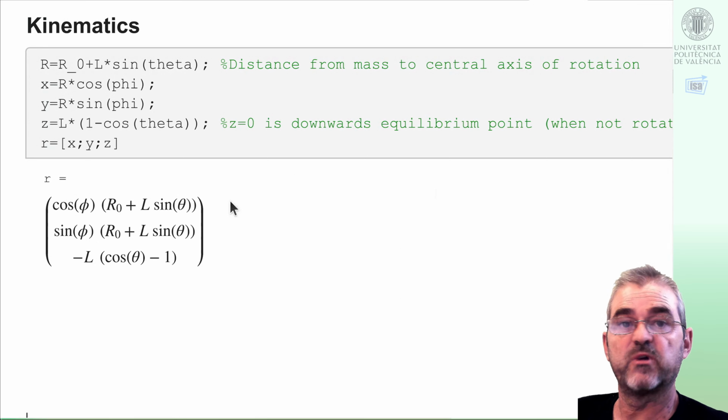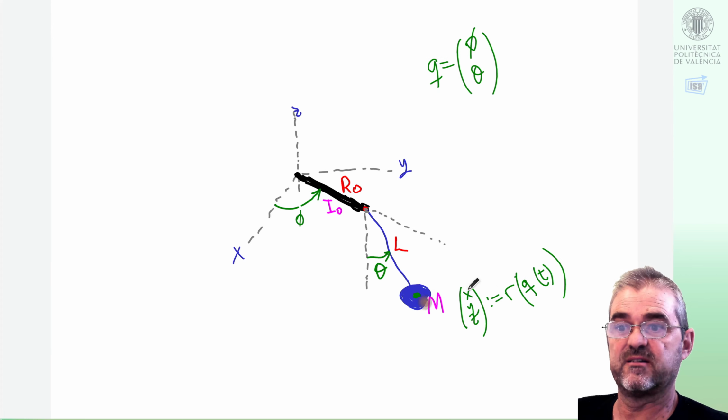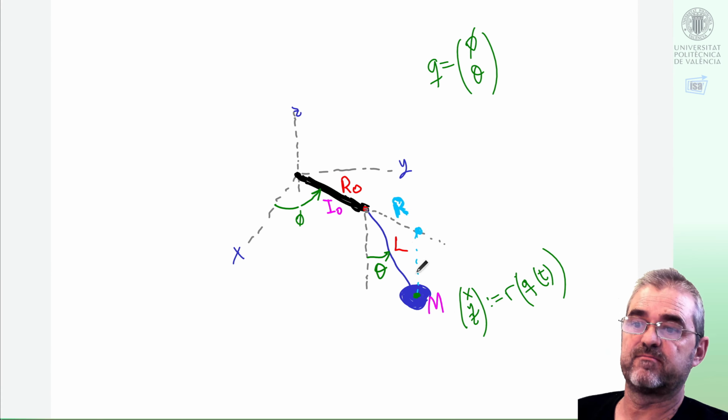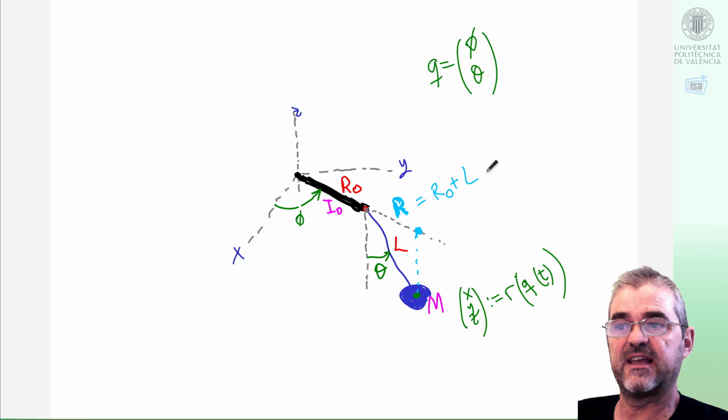The first thing to address will be just position kinematics. I mean, which is the expression of the position of the end mass? So we'll need to carry out a bit of trigonometry. Basically, in my code, I will denote this distance from the center to the projection onto the xy plane of the mass position as capital R, and of course it will be R0 plus L times the sine of theta.